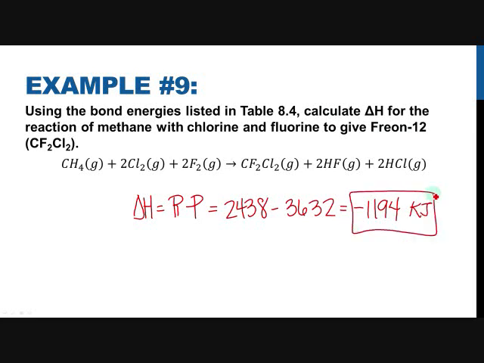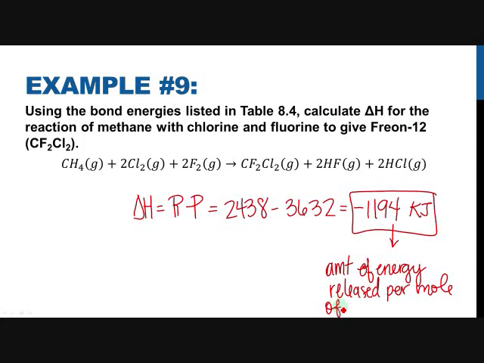So that means that that is the amount of energy. Now, since it's negative, that means it's exothermic, so that's the amount of energy released per mole of the freon, which is the CF2Cl2 formed.